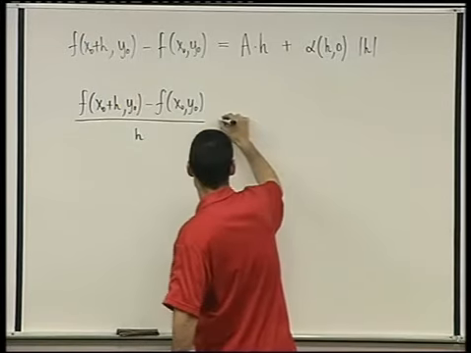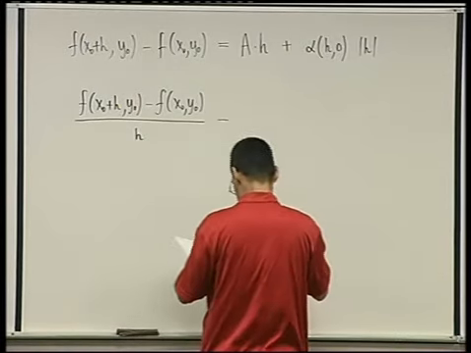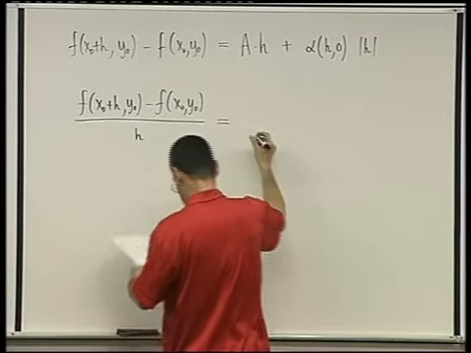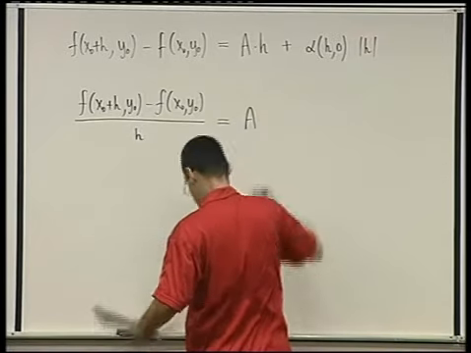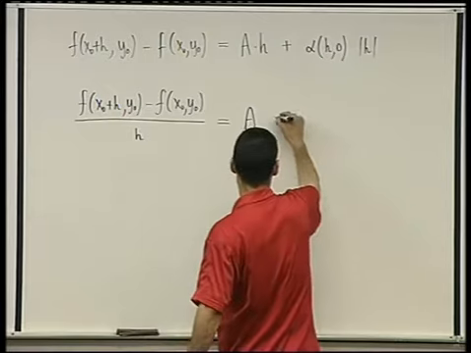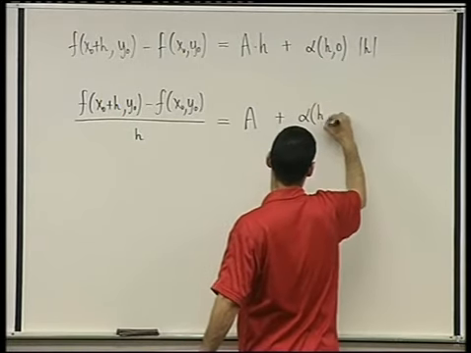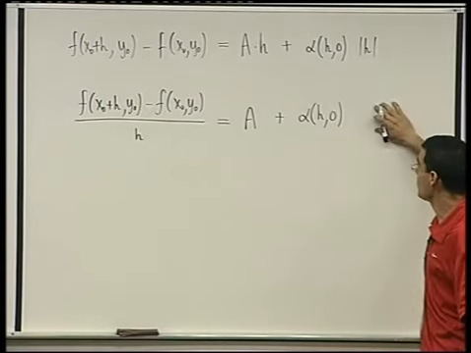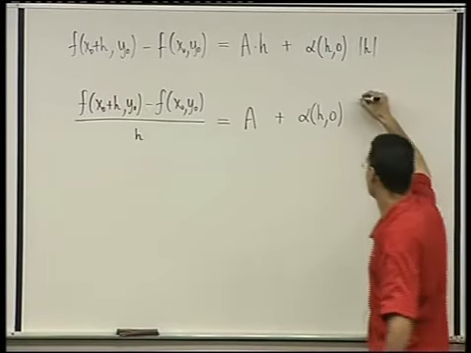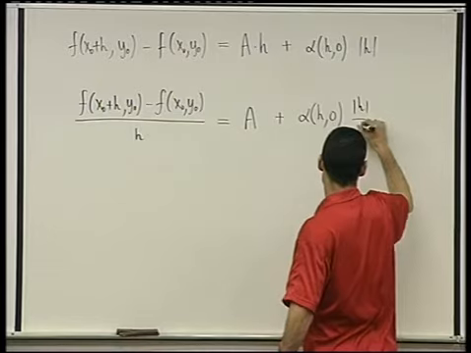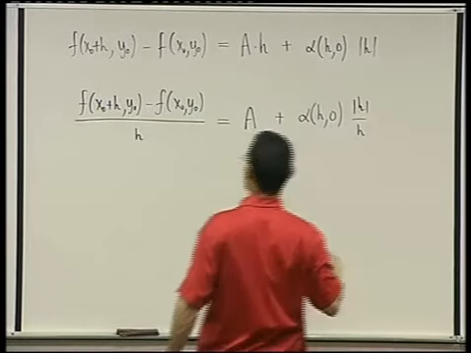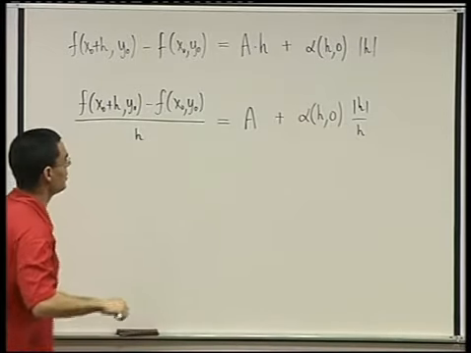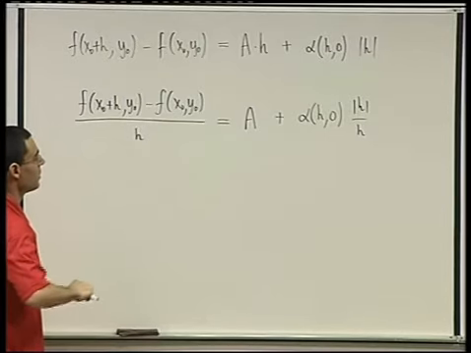So, equals a, because I divided by h, plus alpha of h, 0 times, what's the absolute value of h over h? Let's leave it. Maybe we're going to need to assume h positive separately and h negative separately.